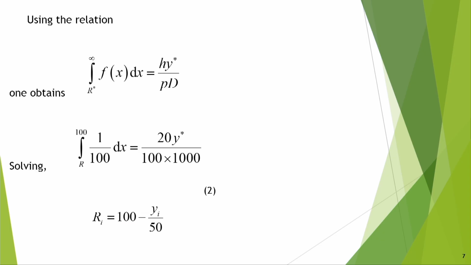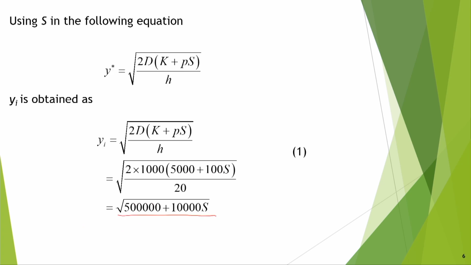And using the relation, now we had the relation integral from r star to infinity of f(x) dx is equal to hy by pD, and if we put that in and simplify, at any iteration r_i is equal to 100 minus y_i by 50. So, we have written two equations in proper form.